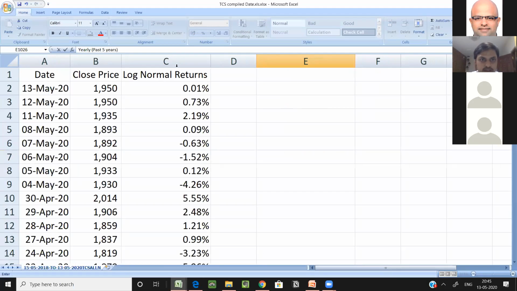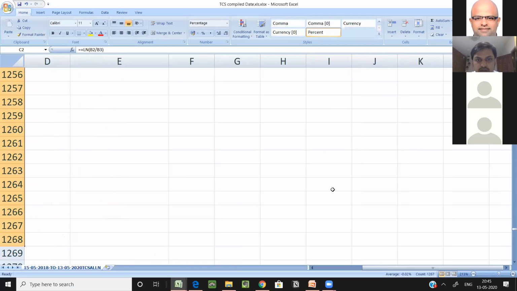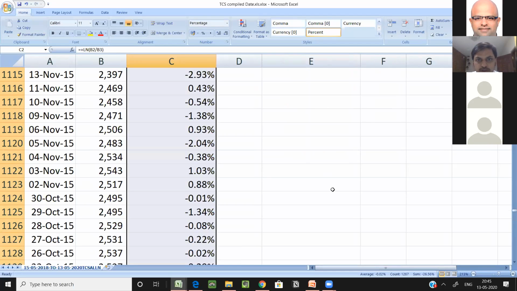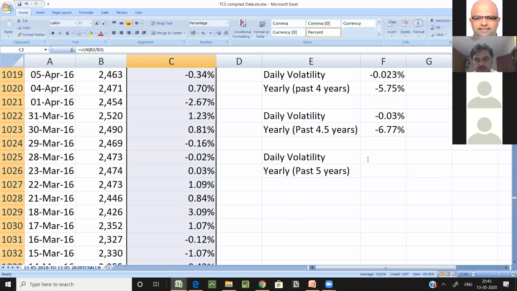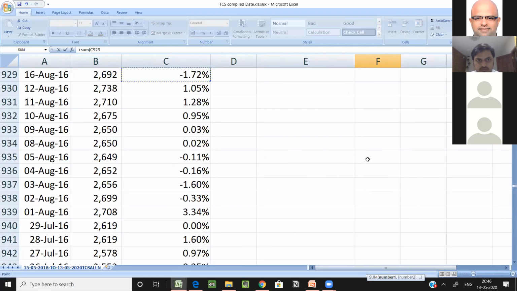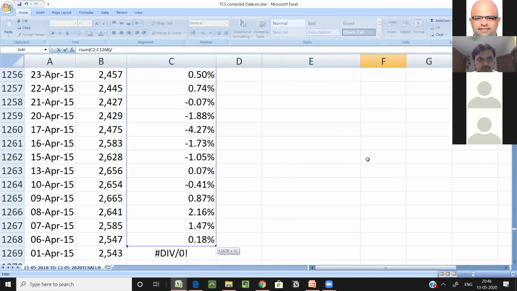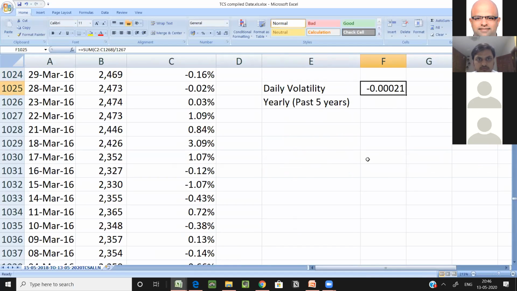So how many trading days do we have? 1,267 trading days. And I think the average is 0.02%. 253 trading days again, multiplied by 253.4.